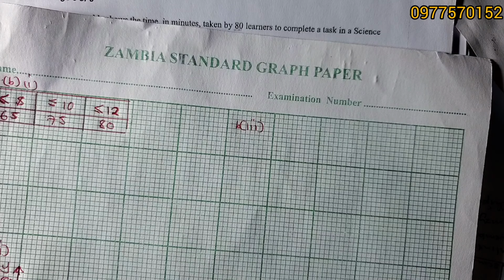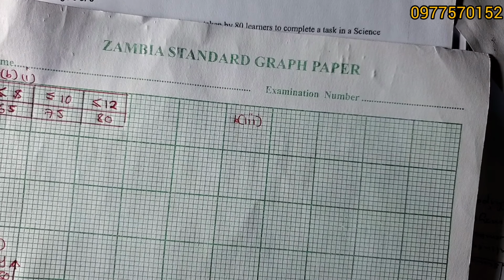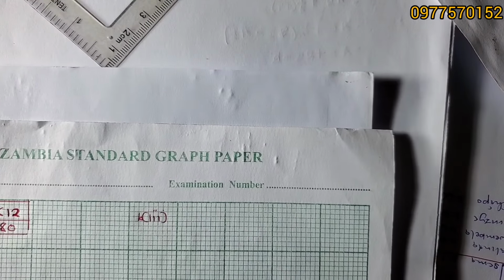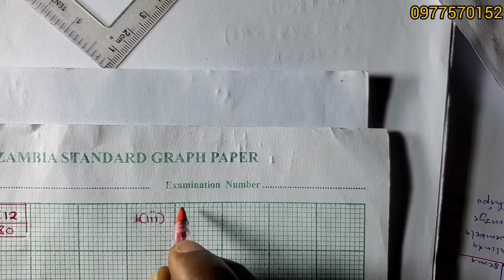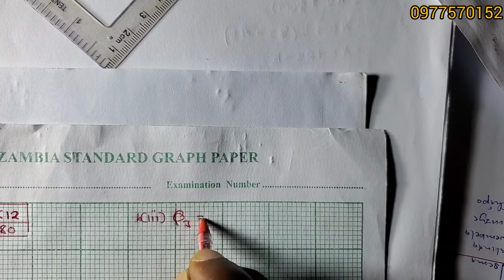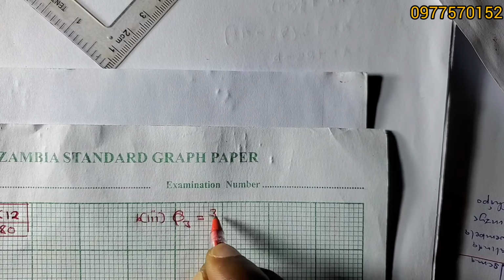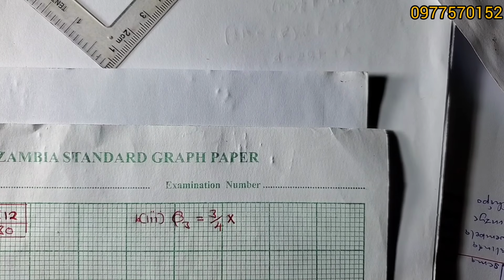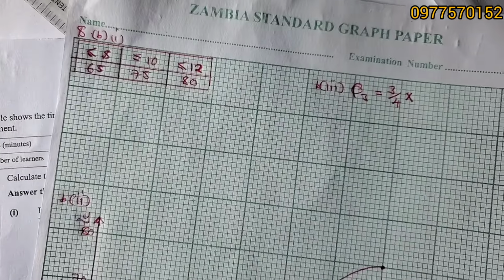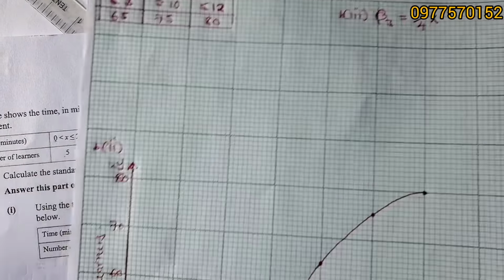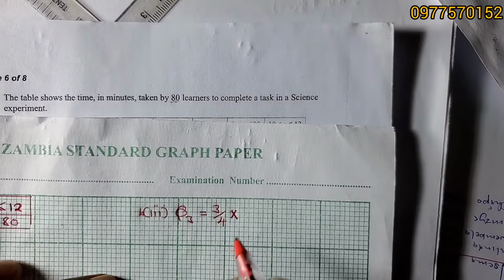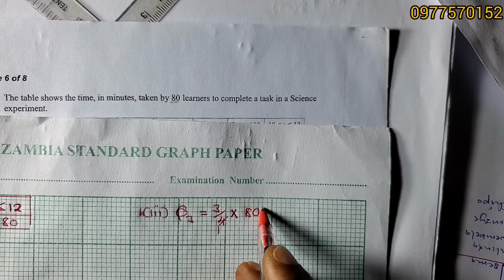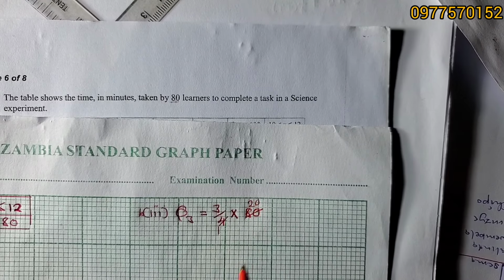Now, we need to find the semi-interquartile range. We're going to find the upper quartile and the lower quartile. We're going to find the Q3, and the Q3 is found by saying 3/4 times the total frequency, which is 80. So we're going to multiply by 80. 4 into 80, 20.